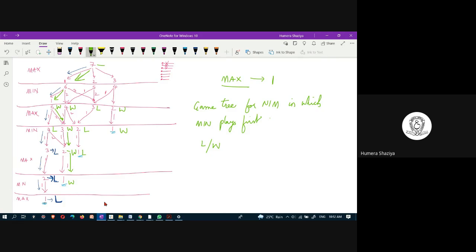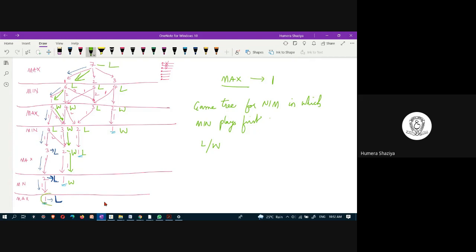And here this 6 is Min. Min is going to 5, 4 and 3. There is one L, so 6 would get L. For 5, there is W, L, because it is Min, it is L. If any one L is there in the successors, the parent would also get L. And 4 is Min, L. And Max, here Max loses.